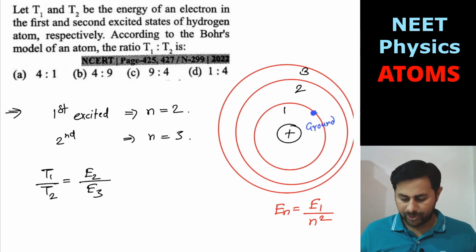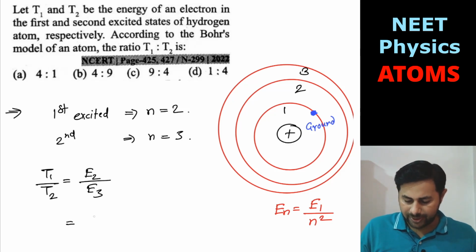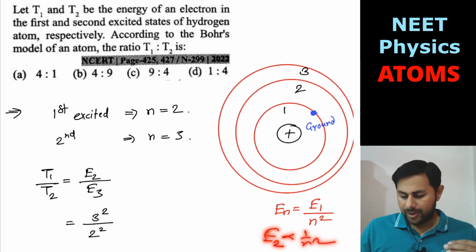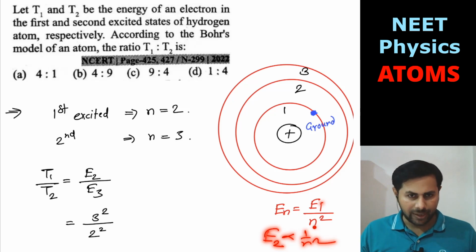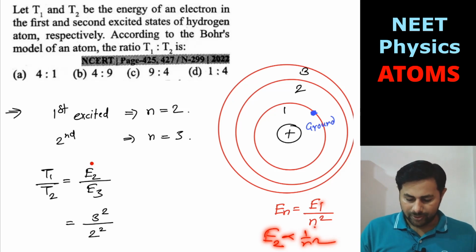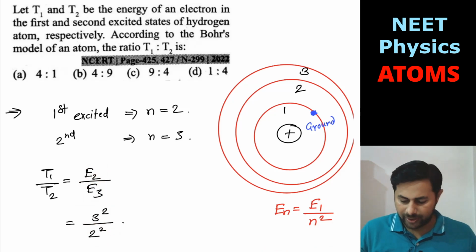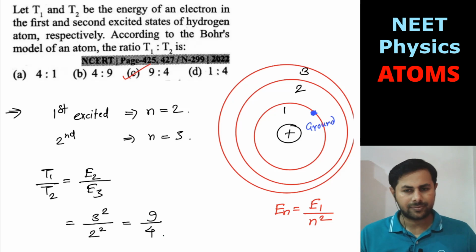So E2 would be E1 divided by 2 square, and E3 would be E1 divided by 3 square. That's why 3 square divided by 2 square, so 9 is to 4. That's correct. It's option C.